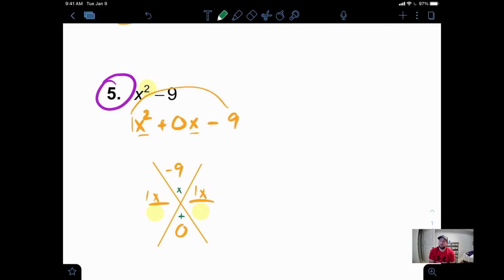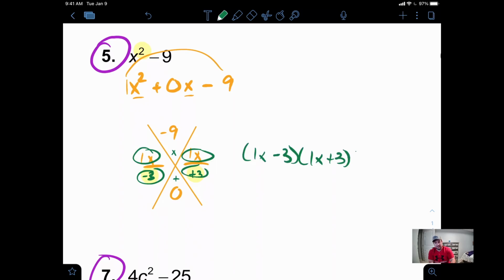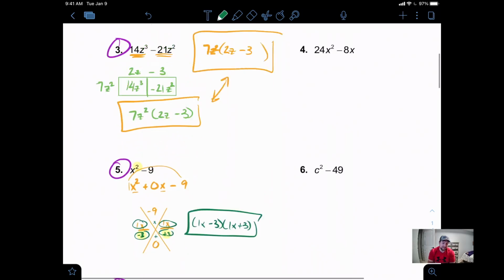Well, two numbers that multiply to give us negative 9 that add to give us 0 would be a negative 3 and a positive 3. So when we come over here, our final answer will be 1x minus 3 and 1x plus 3.